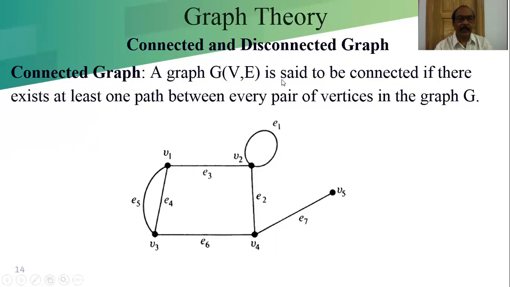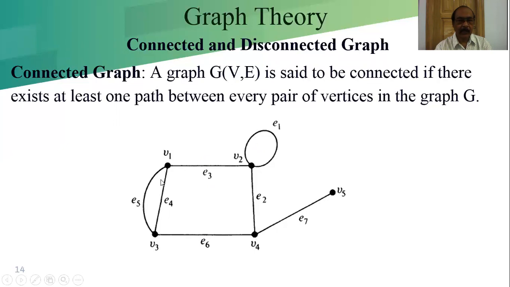A graph G(V,E) is said to be connected if there exists at least one path between every pair of vertices. So if we choose any pair of vertices, we can easily find a path between them. If a path exists between every pair of vertices, it is known as a connected graph.